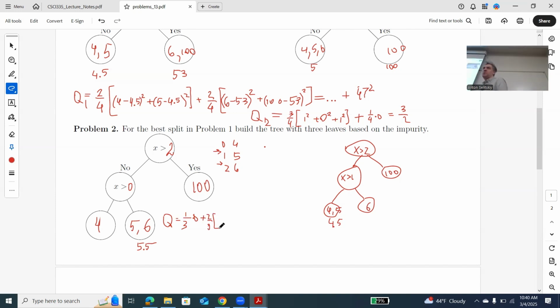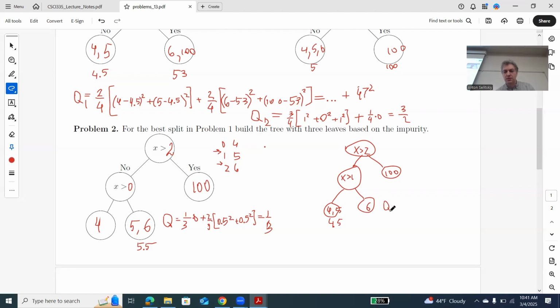We will have 1/2 squared twice. I'm a little bit lazy to write, but it's better to write 5 minus 5.5 squared plus 6 minus 5.5 squared. I will just write that it will be 0.5 squared twice. And the final result will be 1/3, if I'm not mistaken.